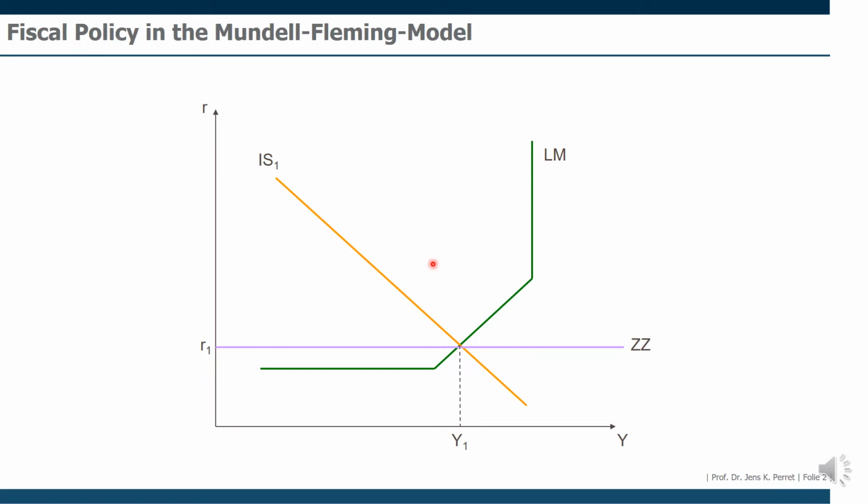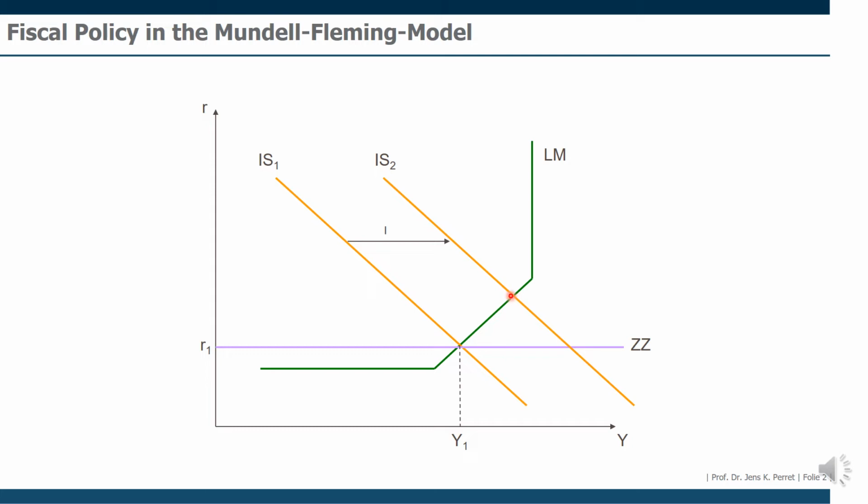In any of these situations, expenditure demand will increase, moving the IS curve to the right, giving us a new IS curve and a new domestic equilibrium, which now lies above the ZZ curve.